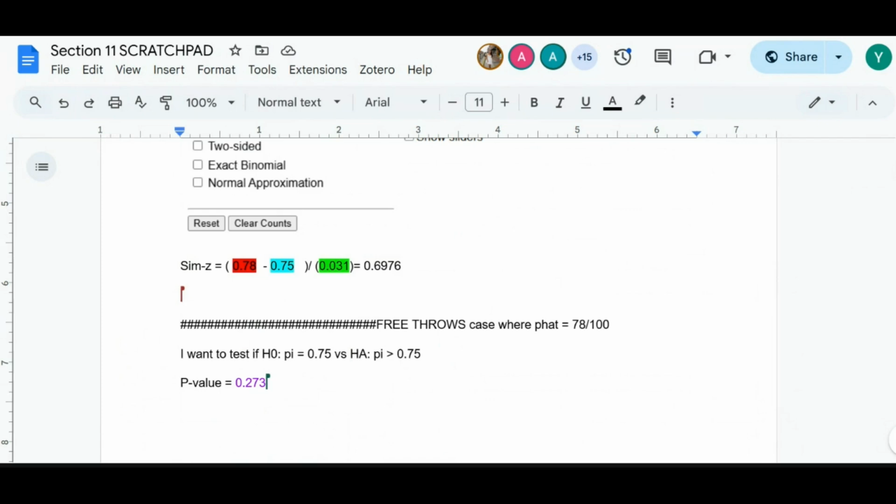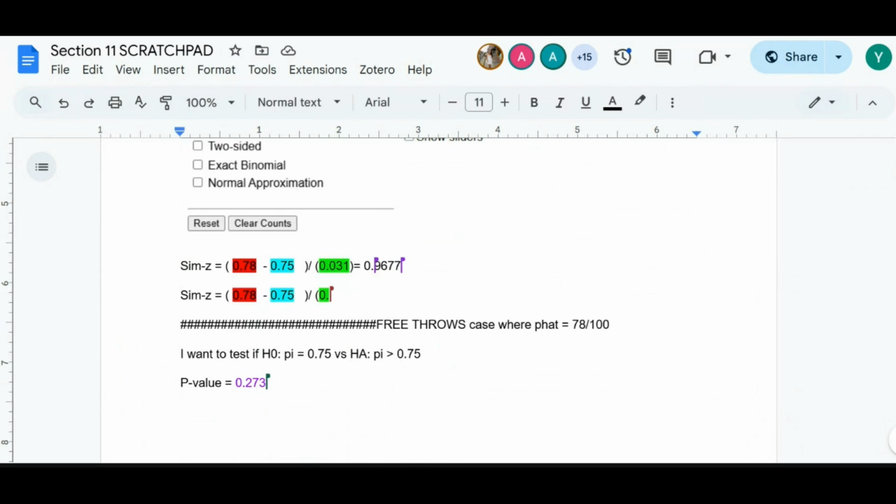See? So what is 0.78 minus 0.75 and then over 0.031? What is the new number here? Something a bit bigger. I think it's going to be closer to 0.7 something, if I'm not mistaken. Oh, already? Okay, thank you. So almost one, actually. So did the Z go up a little bit?